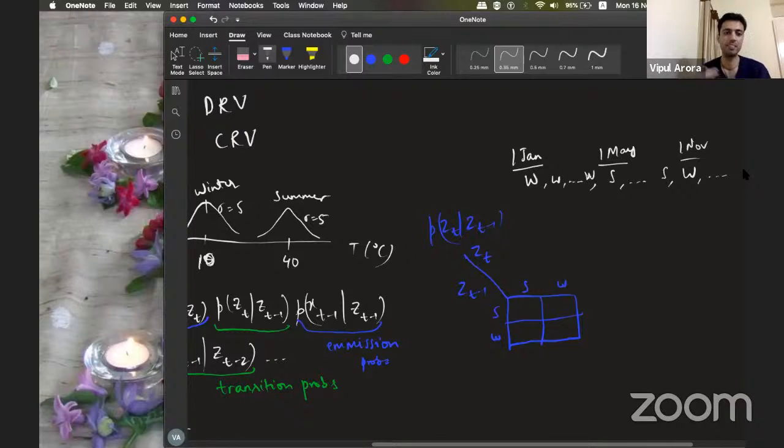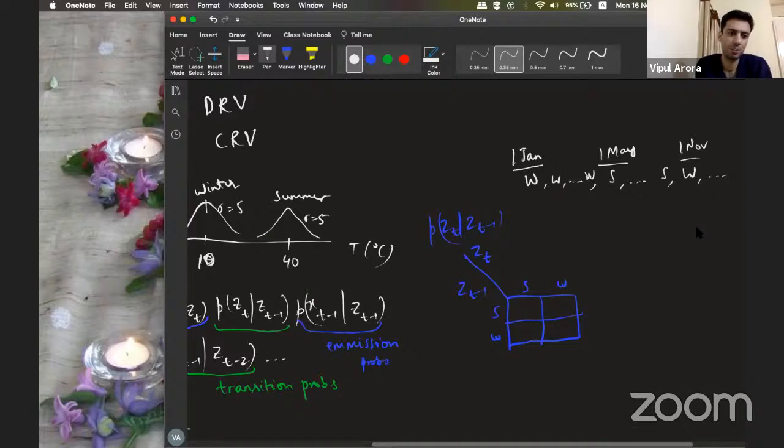What is P(Z_t | Z_{t-1})? I have given you the observations. No answer? Any guess?